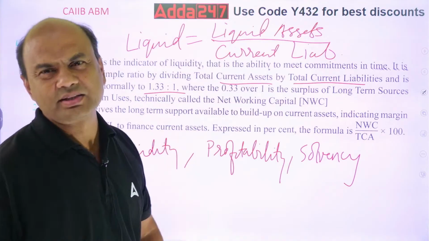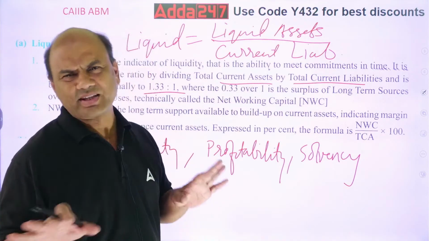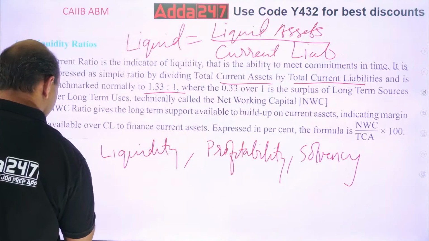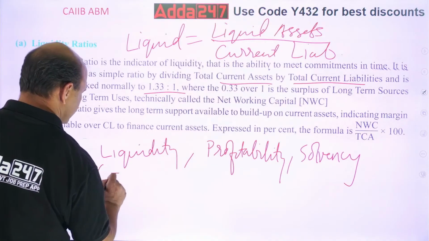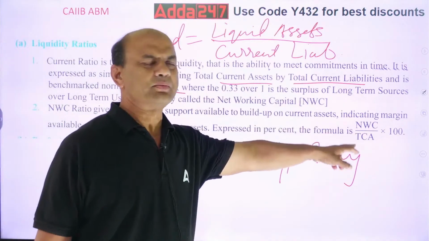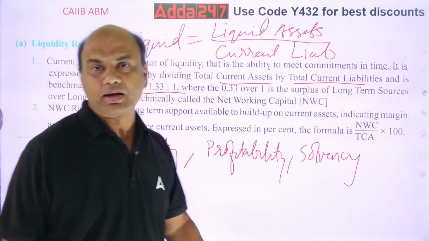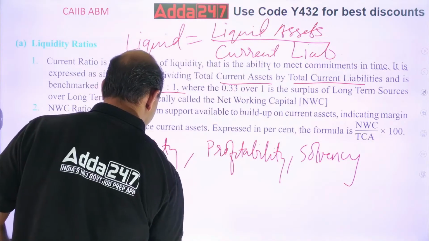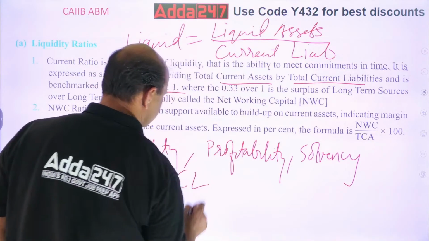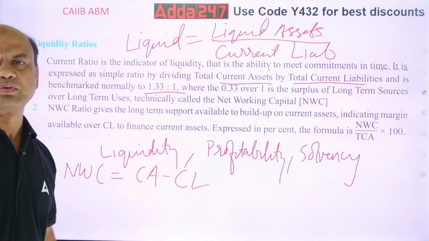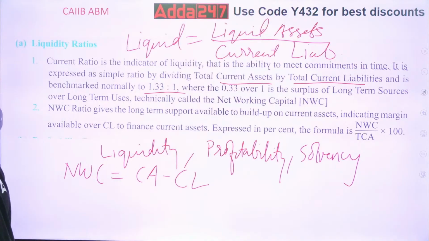Net working capital is basically current assets minus current liabilities.